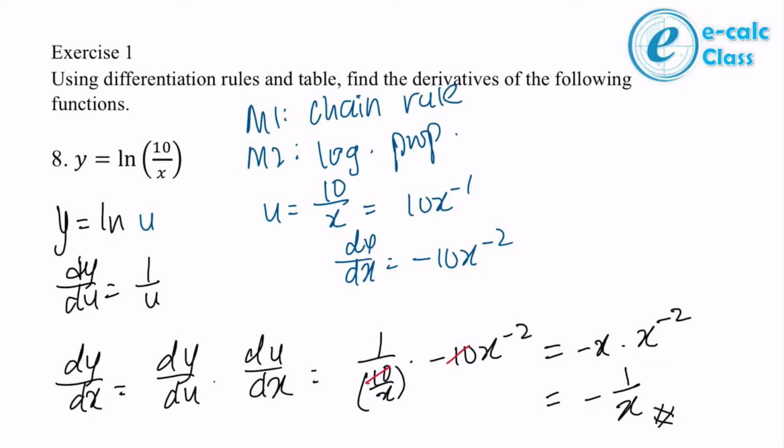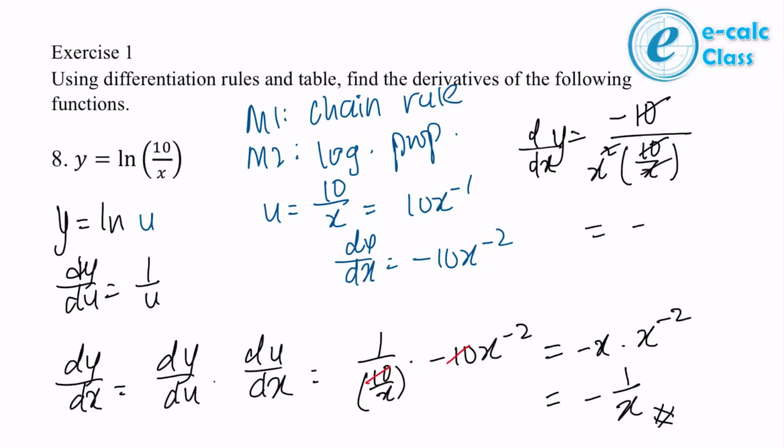If you are already an expert, you can just write dy/dx equals 1 over whatever is inside, then differentiate the inside function, which is 10, giving negative 10 over x squared. Then this 10 and 10 can cancel, 2 can cancel, negative 1 over x. Okay, you can do it in just one step.